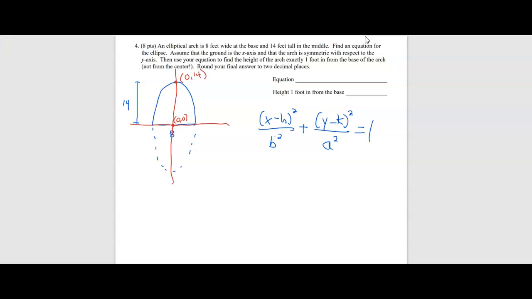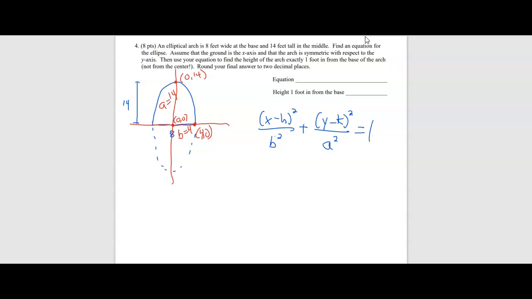That gives us a equals 14. And this point, since the whole width is 8, is 4 to the right and 4 to the left. So now we have the center, a is 14, b is 4.